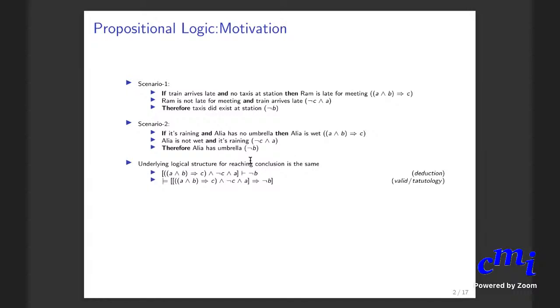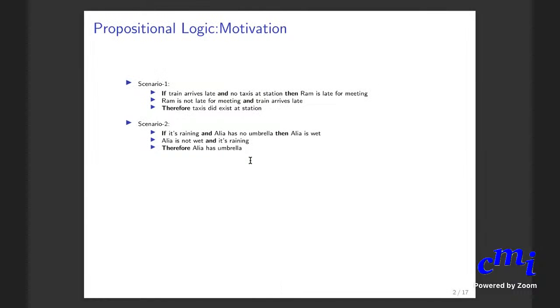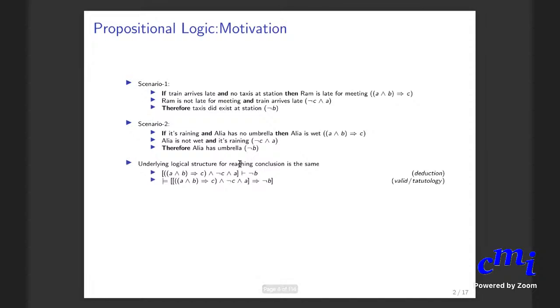So the underlying structure: these are all propositions that are constructed based on various declarative sentences. The underlying logical basis for reaching these conclusions in both scenarios is the same.